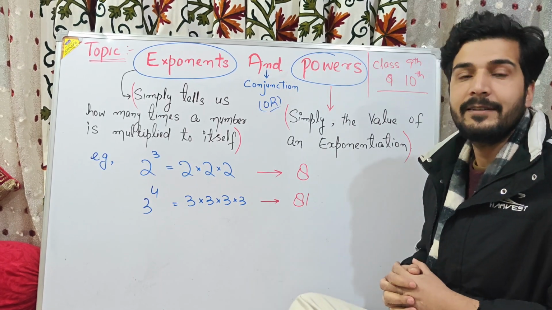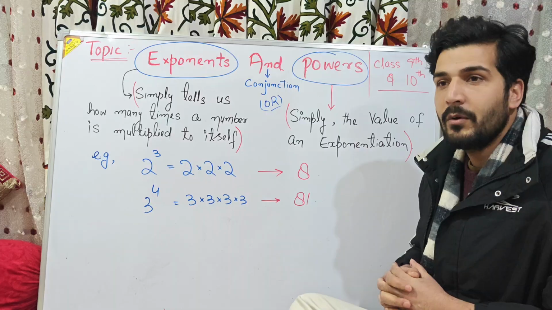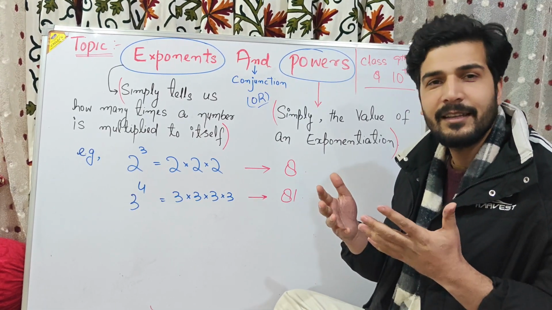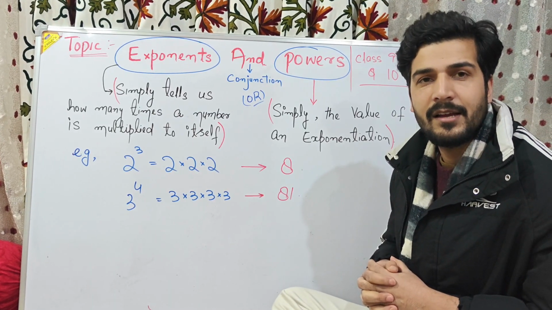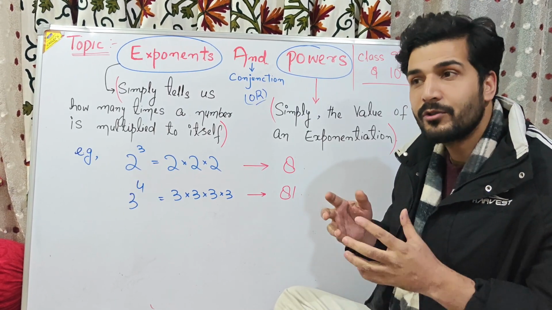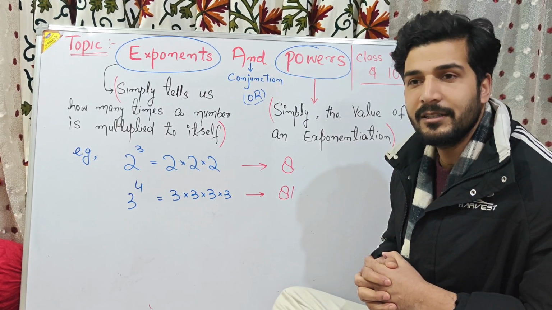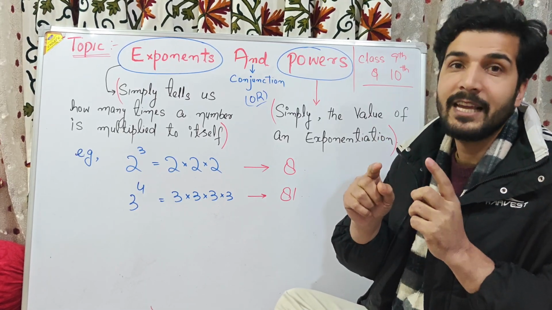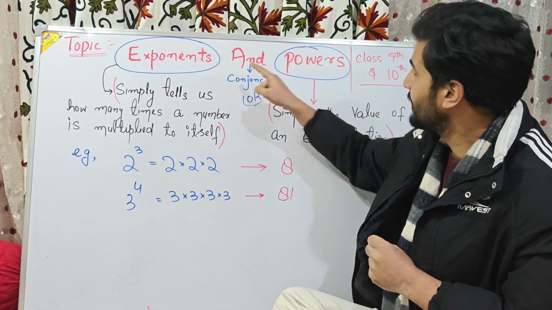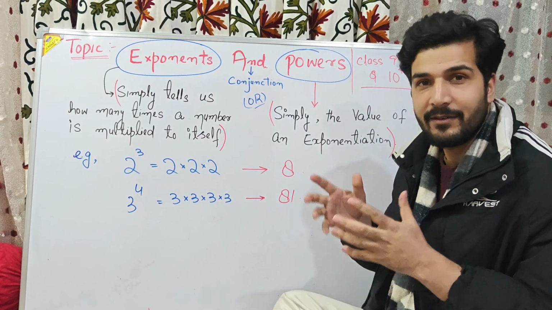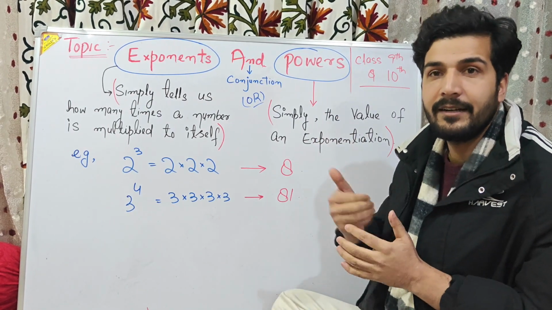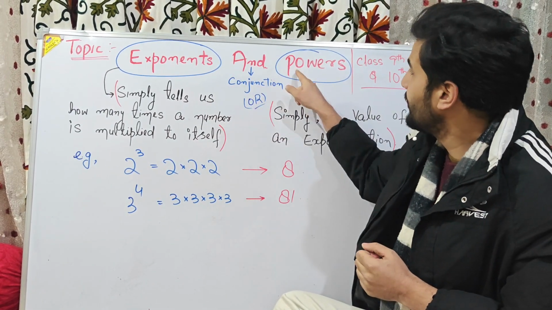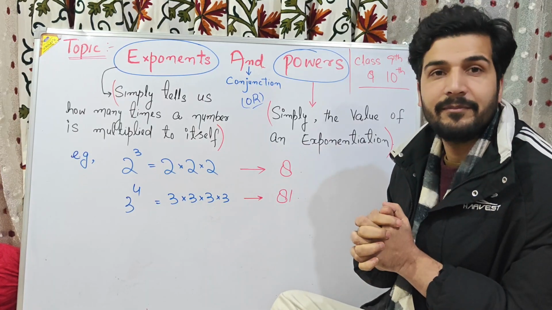So, whenever the student and even the educator in class 7th, 8th or 9th, most of the students and most of the educators even have this misconception in their minds that whenever the educators teach this chapter on exponents and powers, many of the educators consider that exponents and powers are the same things.